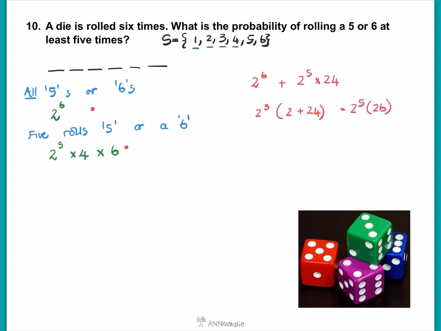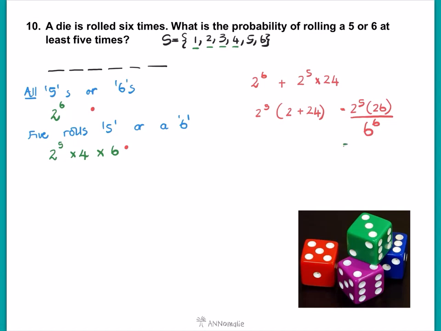Now we want to know what is the probability. In order to get the probability, we have to divide this number by the total number of possibilities, and that will be 6 numbers to choose from for every single throw. So that's 6 to the power of 6. How will I simplify this without a calculator?